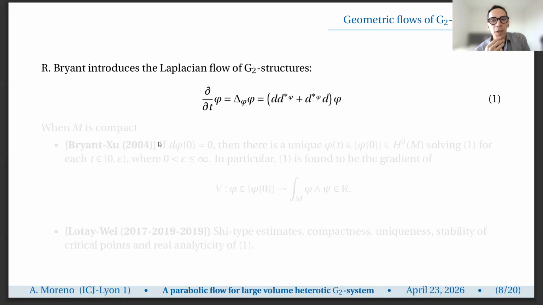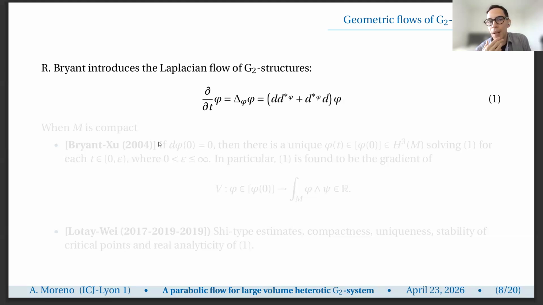So before I introduce the flow that we propose, I would like to visit some well-known G2 flows. Perhaps the most famous is the Laplacian flow introduced by Bryant, which means evolving your G2 structure by its Laplacian.